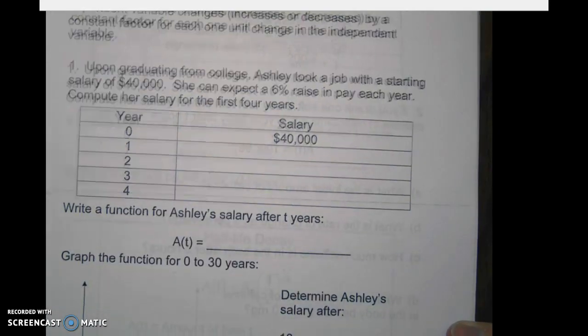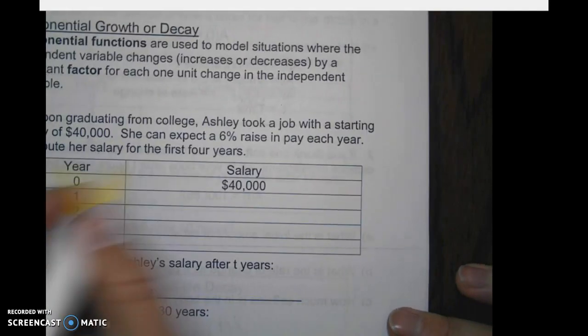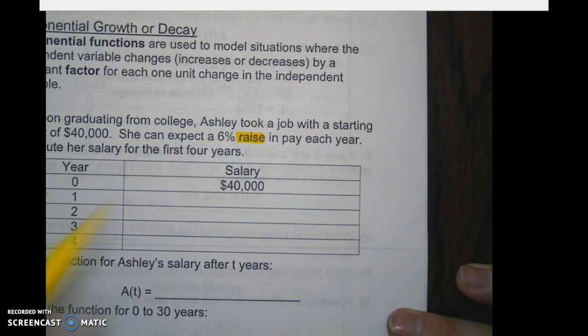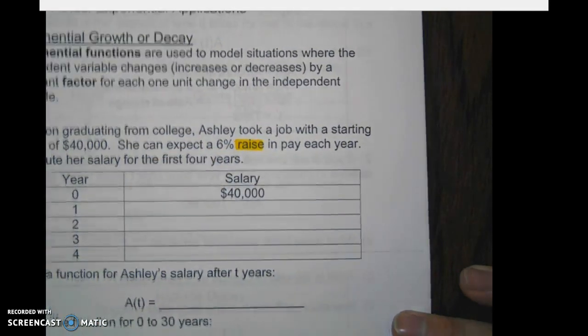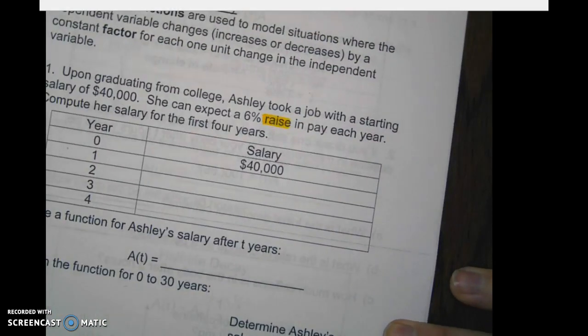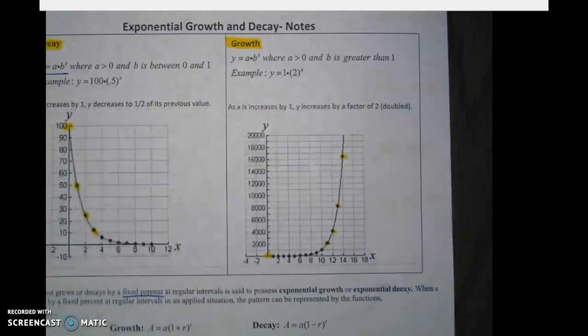Notice in the problem that we are increasing because she's getting a raise. So each year her salary is going to increase. So we're going to want to use the equation for an increase or a growth.